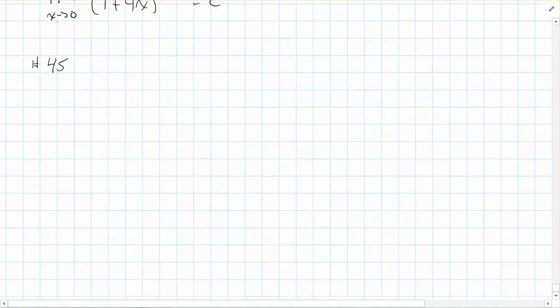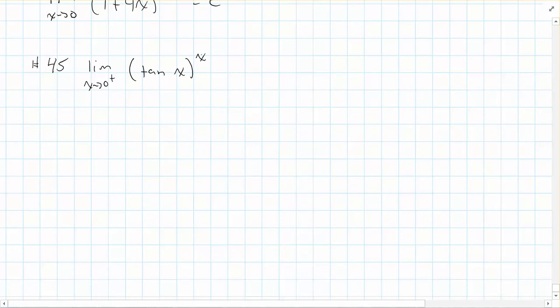So same section, number 45. X approaches 0 from the right of the tangent x to the x power. So this is another L'Hopital's rule.